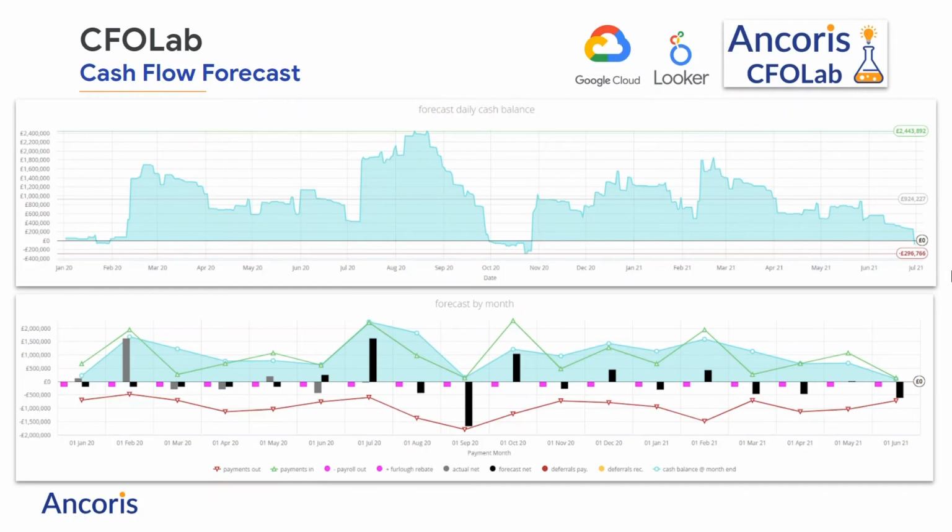A very common thing that you'll find with retail. And if we look up at the daily cash balance, you can see that there's a real problem here. CFOLab is highlighting that in the month of October, we're actually going to hit a negative cash balance, clearly shown here, so almost 300K.